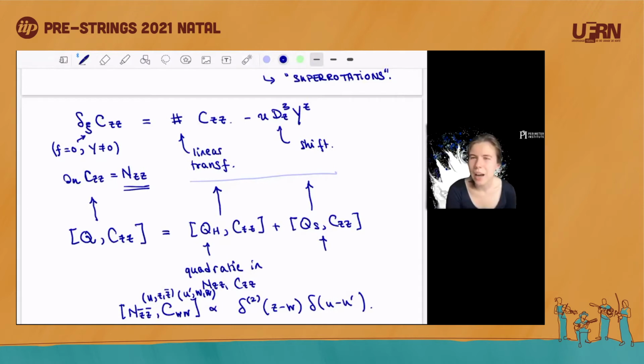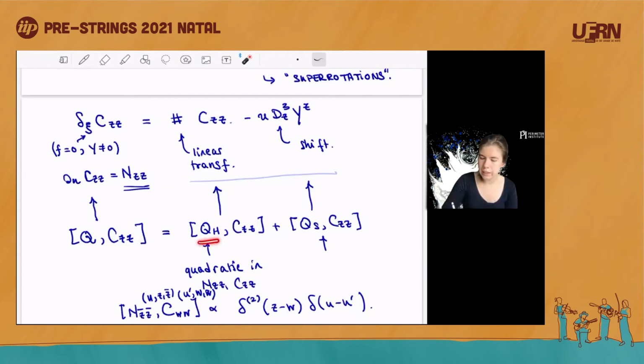I'm going to get to that, but the split into soft and hard parts, I think, is not a consequence of the matching condition, right? I may be wrong, but the matching condition is going to be a matching for the full charge. We're going to see in a moment that it's the full charge that has to match across spatial infinity, so between scri plus minus and scri minus plus.